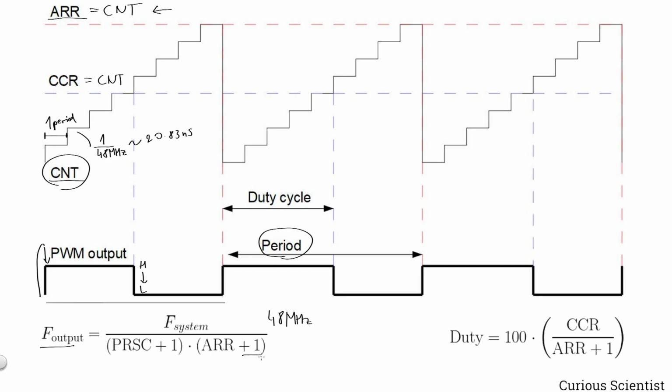And these plus ones are there because of how the registers are manipulated. But the product of these two expressions in the parentheses will be the divider for the F system, and that will ultimately determine the output frequency. And I will show you this through several examples, how it's done. And once we determine these parameters, then we can also assign a duty cycle to our PWM.